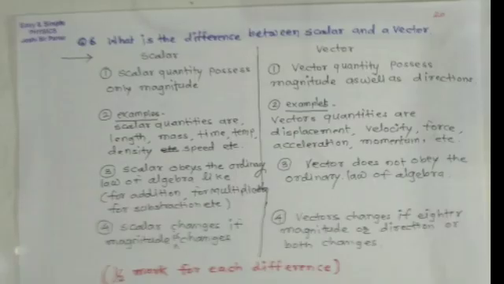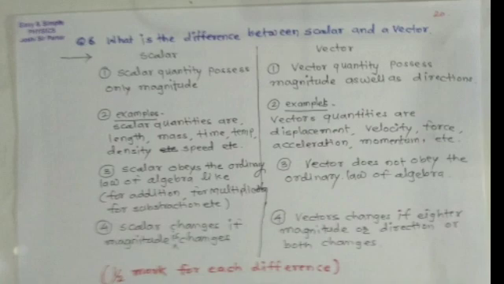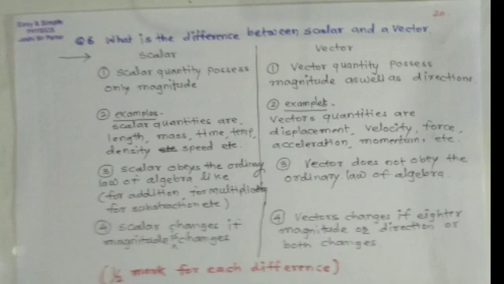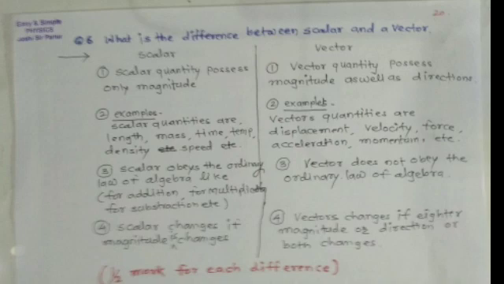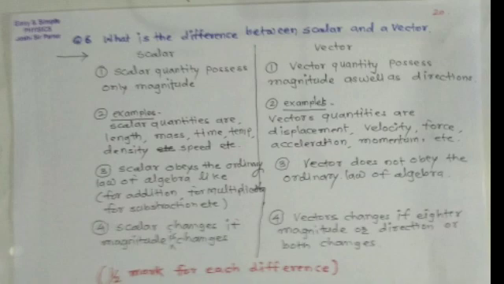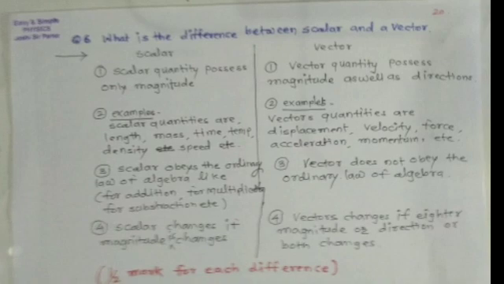Question number 6. What is the difference between a scalar and a vector? First column is scalar, second column is vector. A scalar quantity possesses only magnitude. A vector quantity possesses magnitude as well as direction.